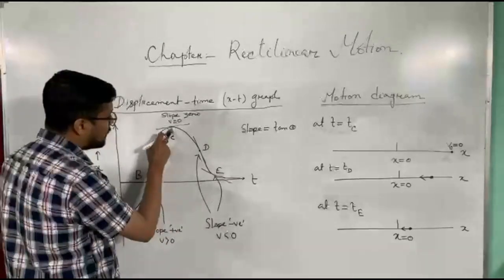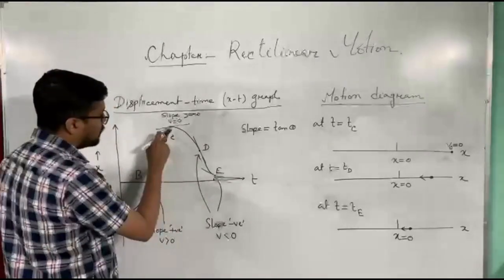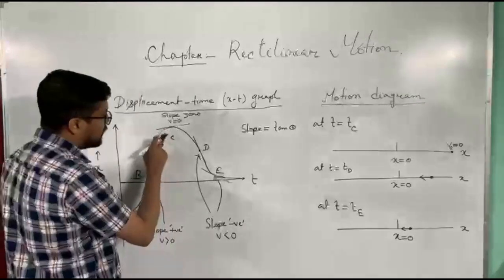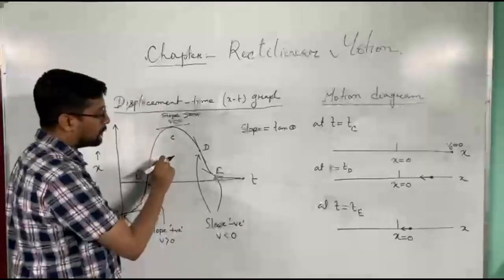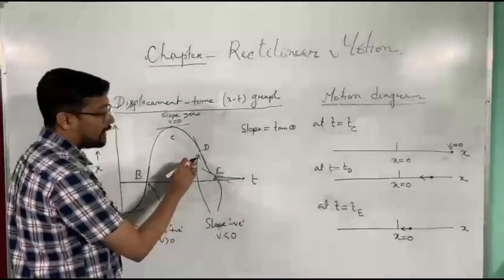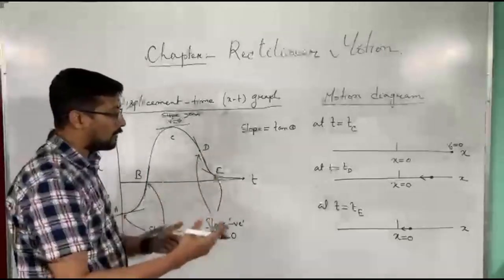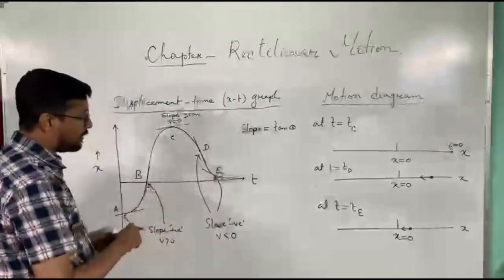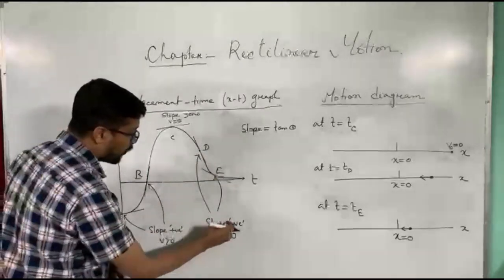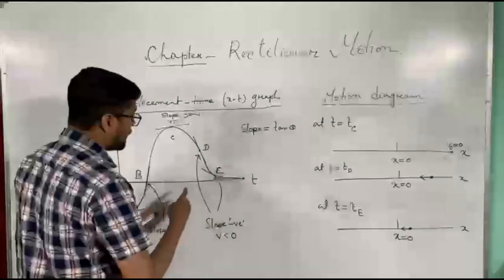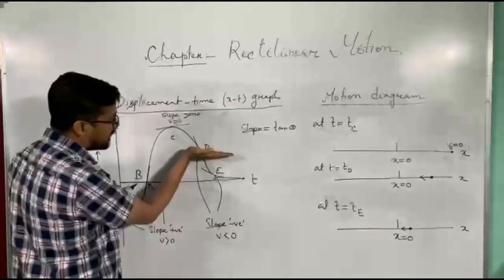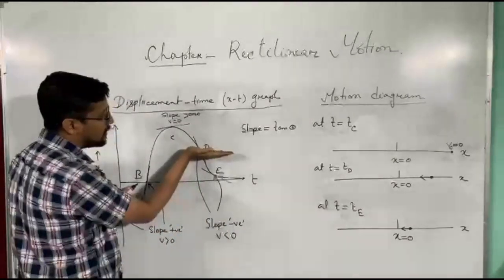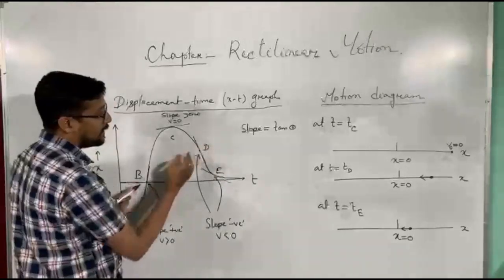Now from here to here the velocity is 0, and here the velocity is negative. Now why is it negative? Because the slope is negative. Why is the slope negative? The tangent makes an angle which is larger than 90 degrees.